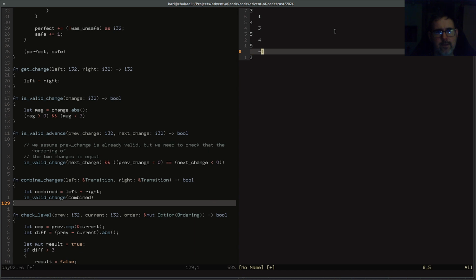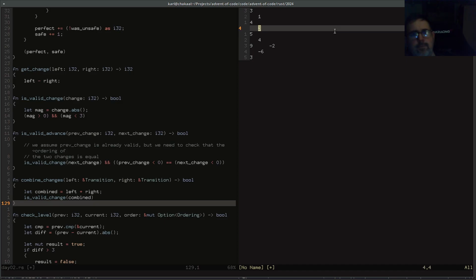So that's -6. So in that case, the total is -2. So we do actually need to compare it to that. Or do we?